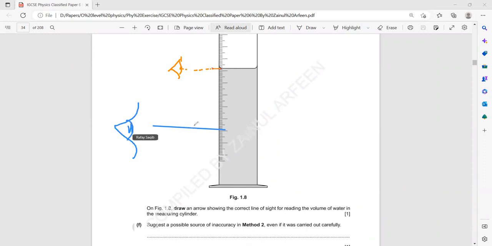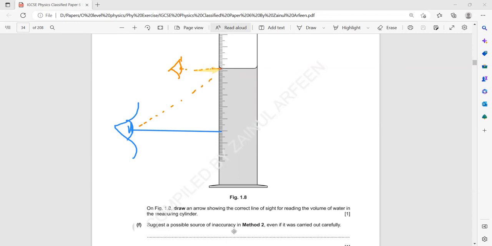When you draw the eye, it should be on that level, because otherwise there will be a parallax error. So this is not right. When reading, we should always look at the bottom of the meniscus. So the position of the eye is important as well. It should be in line with the lower bottom of the meniscus.